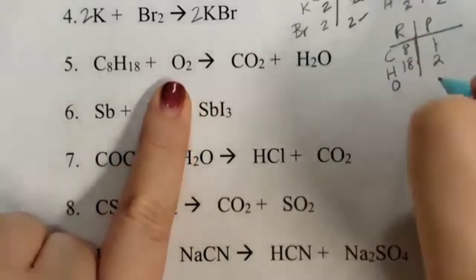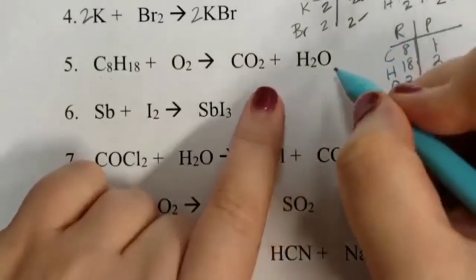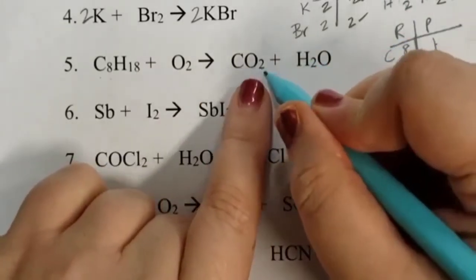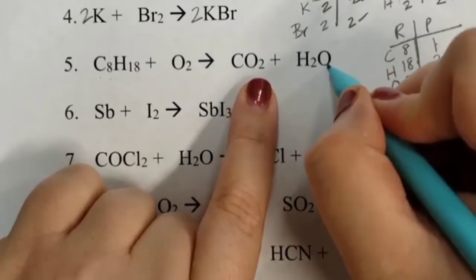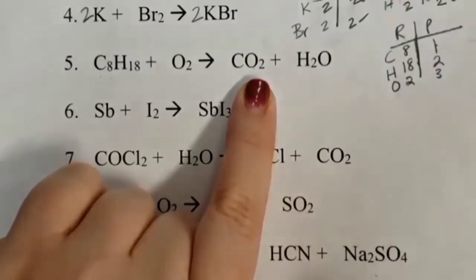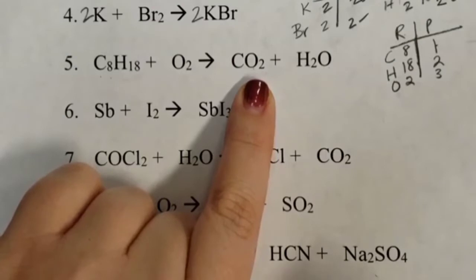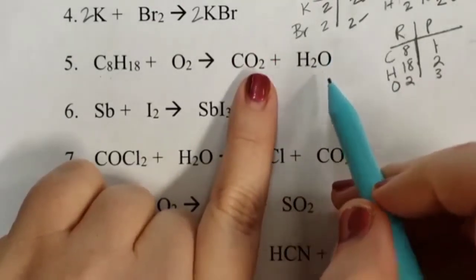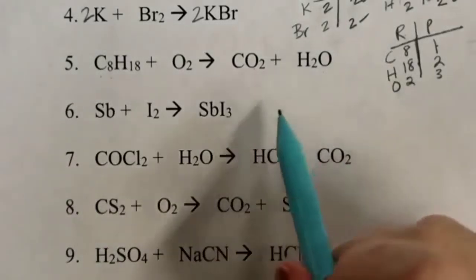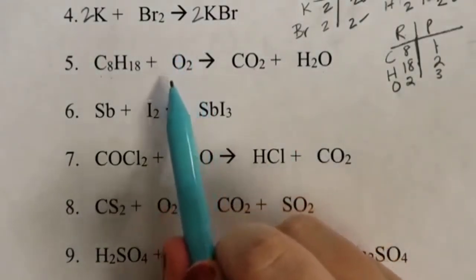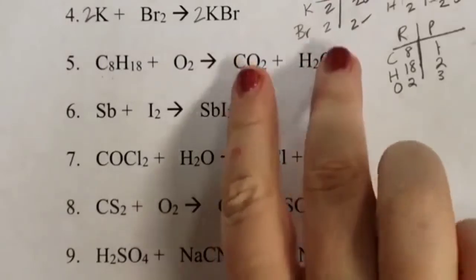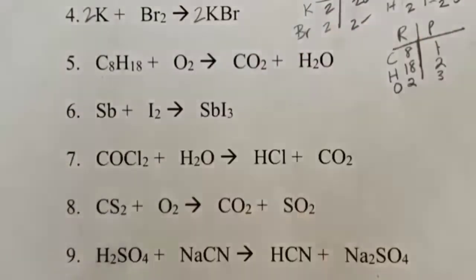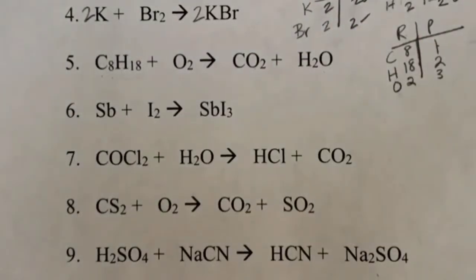On the reactant side, we have 2 oxygens, and on the product side, we have 2 plus 1, which is 3 oxygens. Now remember, anything that's in 2 places, we're going to leave that one for last. So even though oxygen is by itself over here, it's going to be too hard to do, so we'll leave that one out.